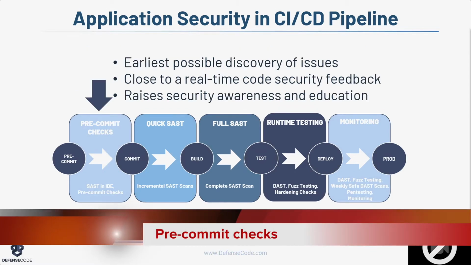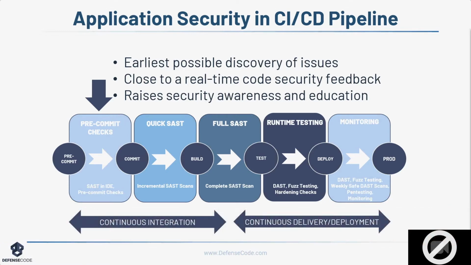Pre-commit checks would be the furthest left you can actually shift security. That is security testing while developing inside the integrated development environments, so developers have close to real-time code security feedback from the right tools. If I'm writing code and I want to check that the code I've written so far is secure, I would run a quick scan.